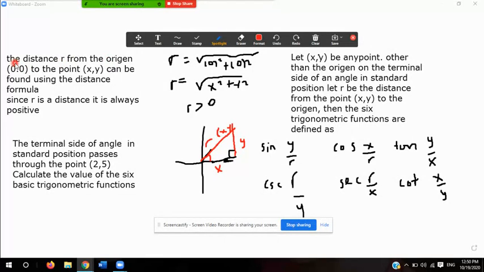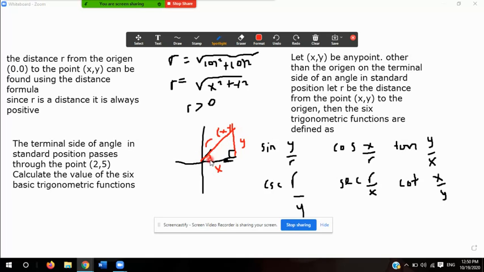So this definition says that the distance r from the origin (0, 0) to the point (x, y) can be found by using the distance formula. Since r is a distance, it is always positive.